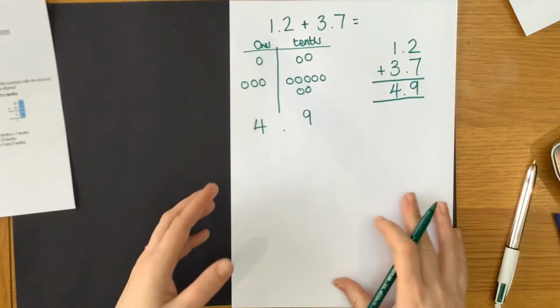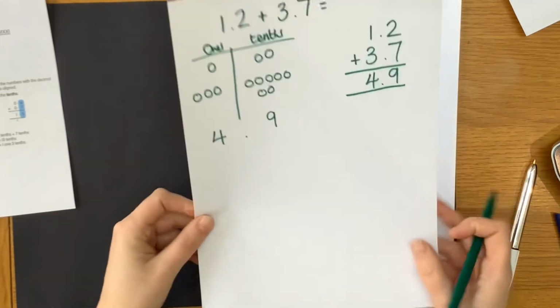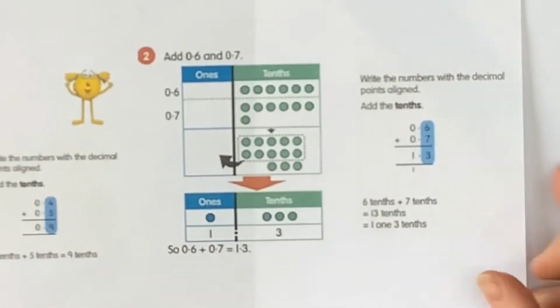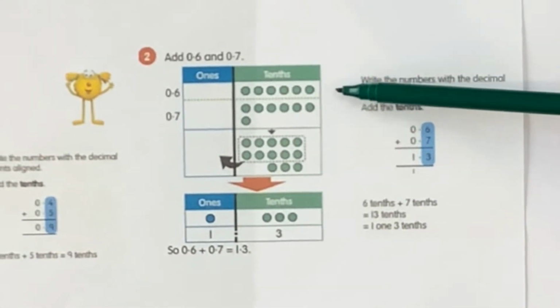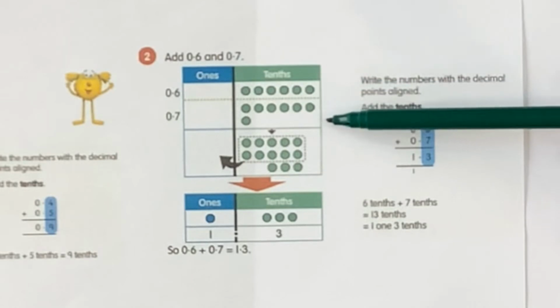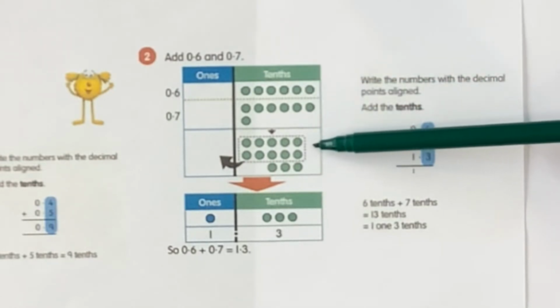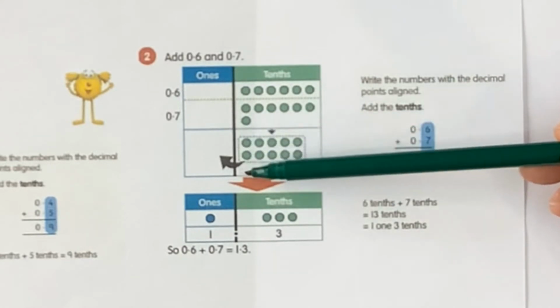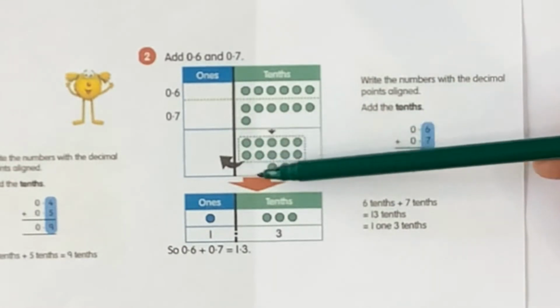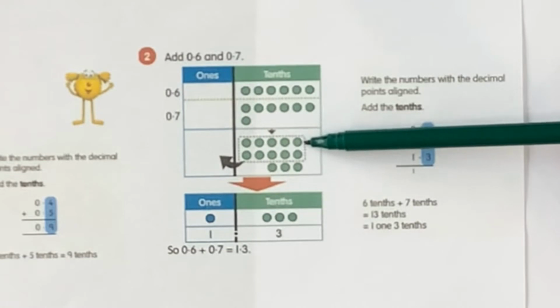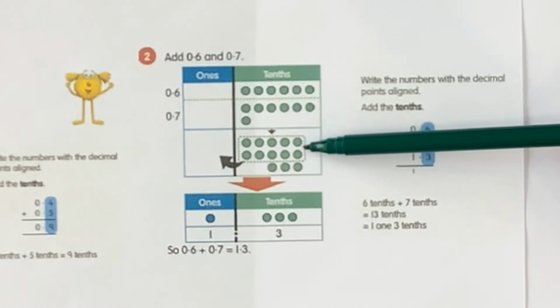Okay, right, what happens then if we need to do some exchanging? Well, the good news is exactly the same as if we were doing whole numbers. So here's your example then, 0.6 add 0.7. So the two numbers have both been built and now they're added together. It gives us 13 counters in the tenths column, and we know as soon as you get to 10 tenths, it makes a whole one.